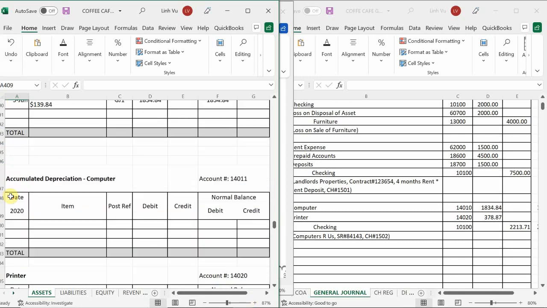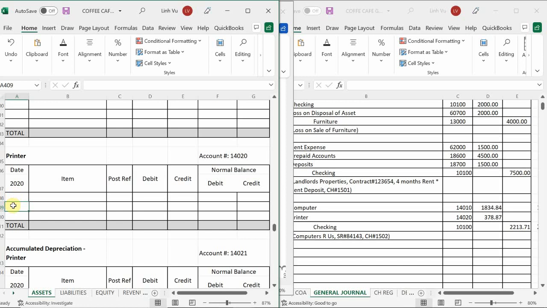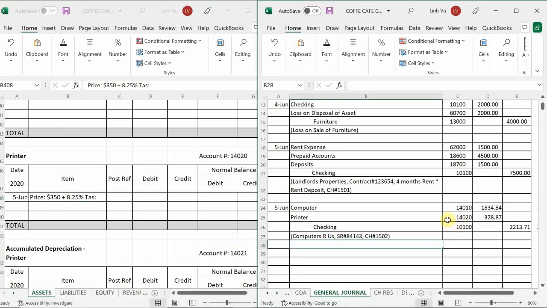So you got the computer, we've got to do the printer now, right? So we bought the printer, it was $350 plus the 8.25% tax, which gave us, how much did it give us?